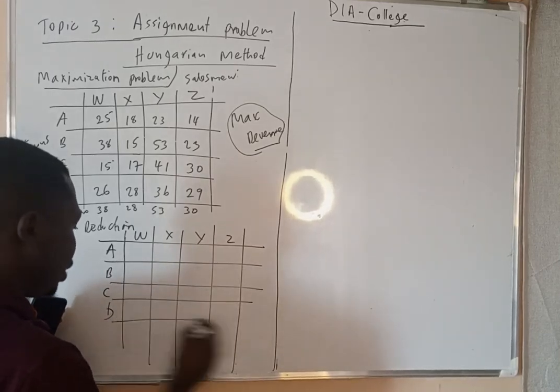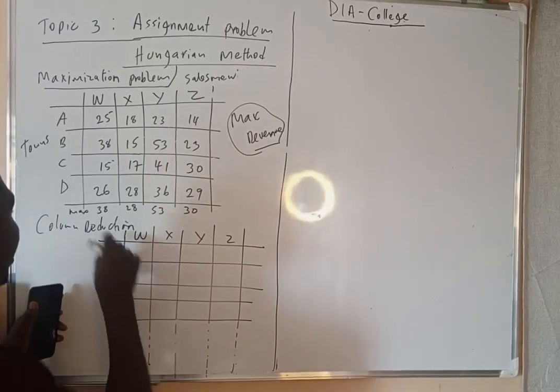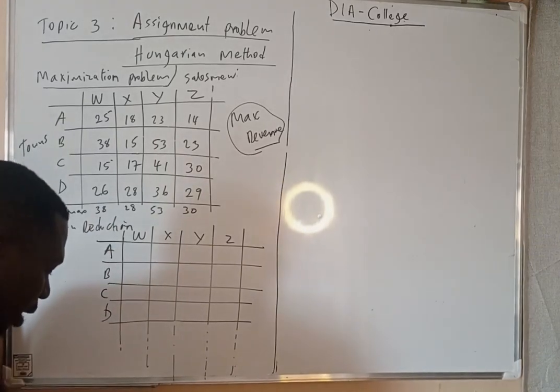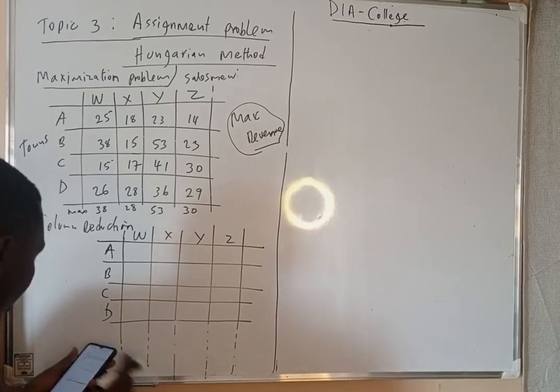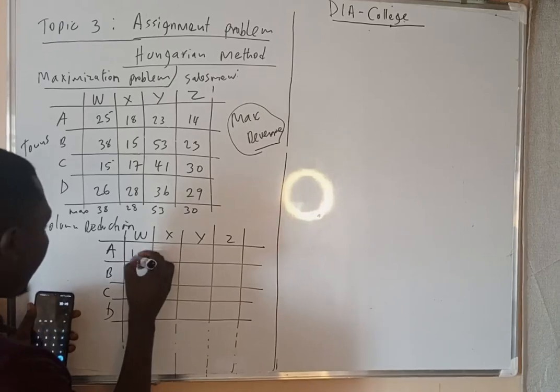This is a maximization problem, so the first one I'm going to subtract: 38 minus 25, that is the maximum value, the largest value. Using our calculator, 38 minus 25 gives us 13.